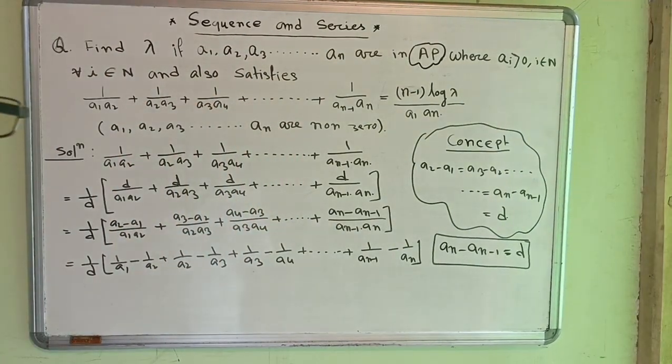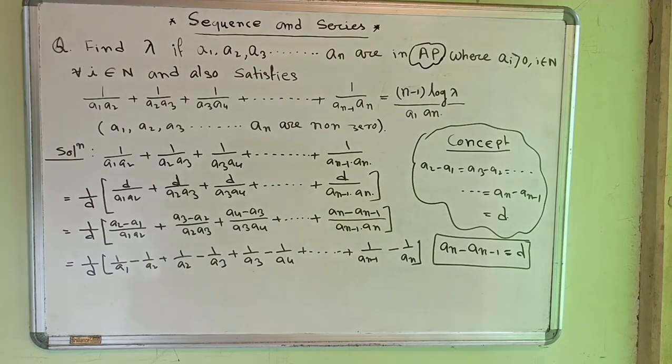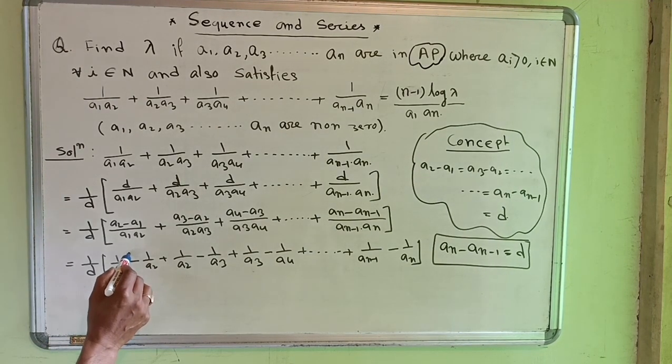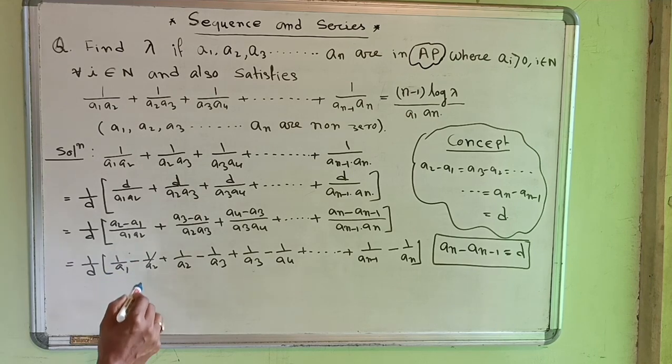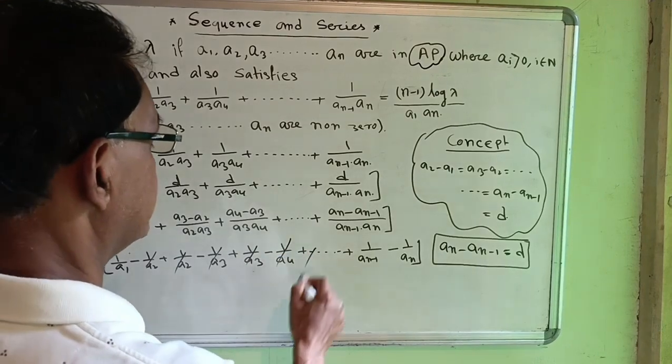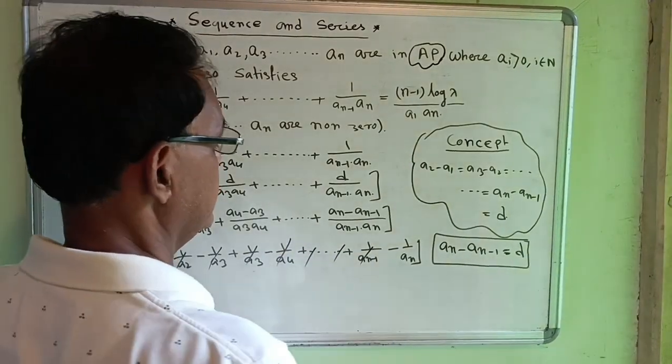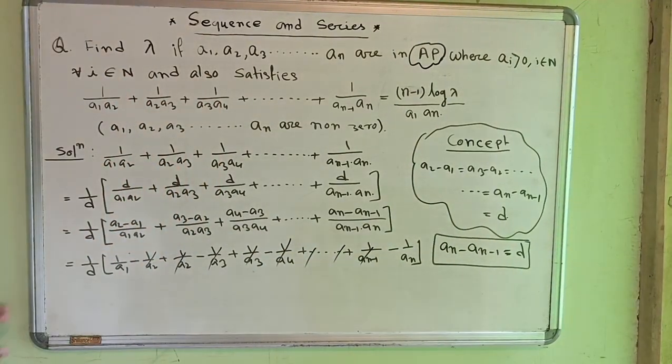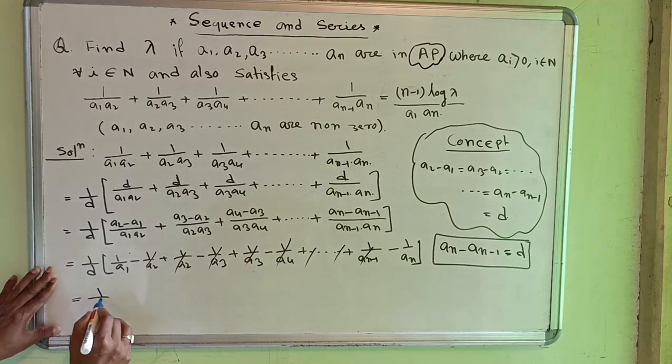Observe from here that these cancel, these cancel, and the middle terms are cancelled. Then we get 1 by d.